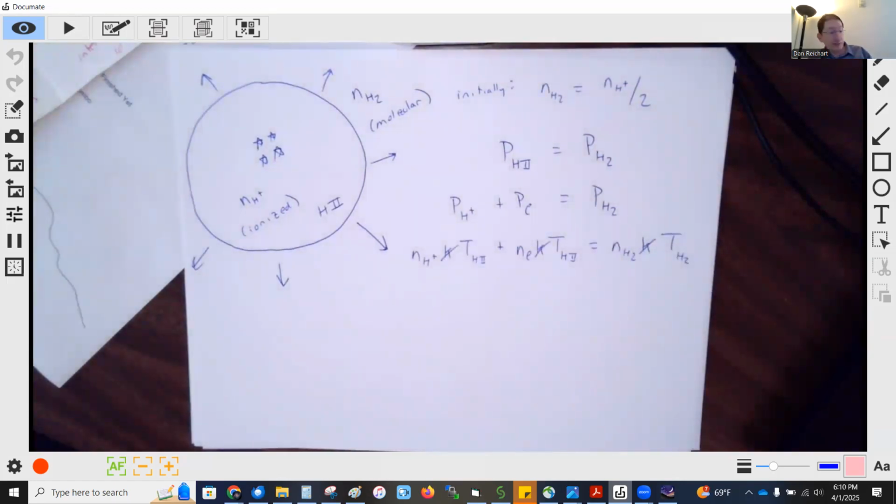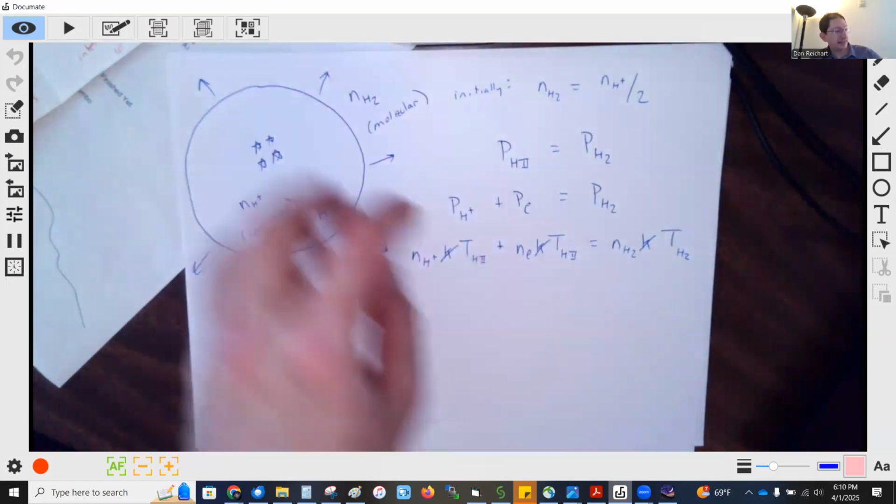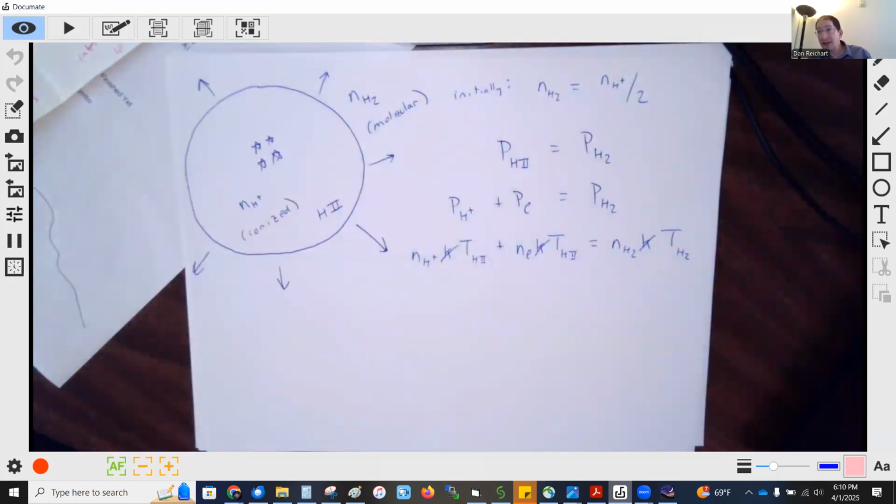Well, Boltzmann's constant cancels. And we can again use that same trick. The density of the protons on the inside is the same as the density of the electrons on the inside, because it started out neutral. So when we ionized it, we have as many protons floating in that volume as electrons. Their density is the same.